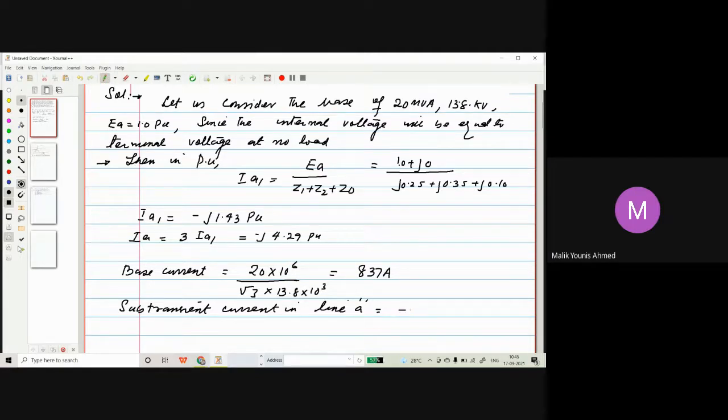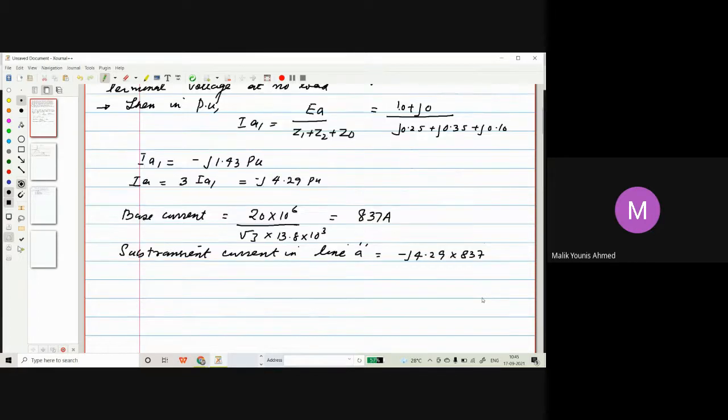So that is minus J4.29 multiplied by 837 amps. That will give us minus J3590 amps. So this is the actual value we are talking about in amps.